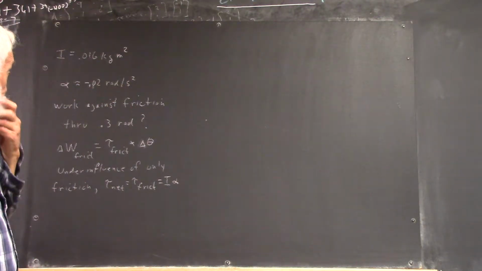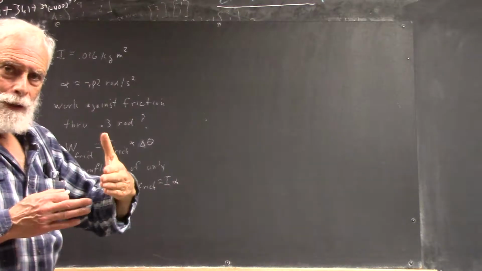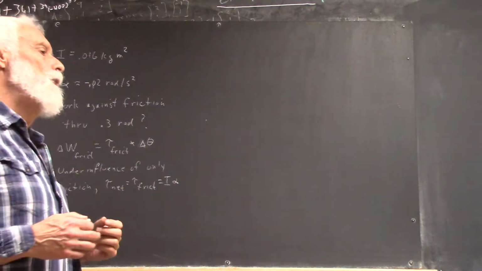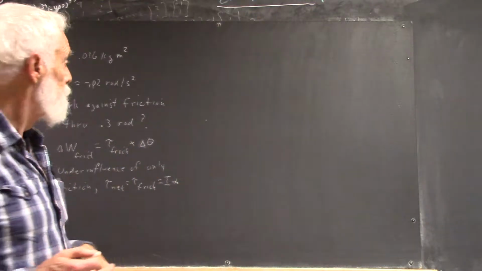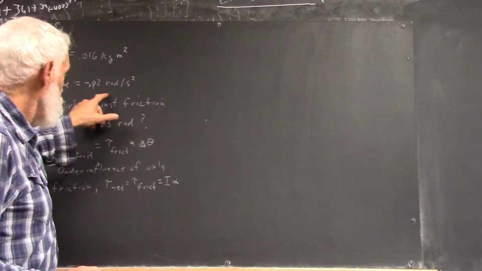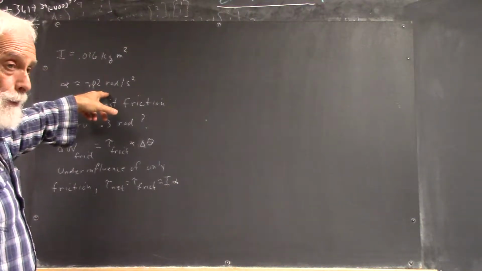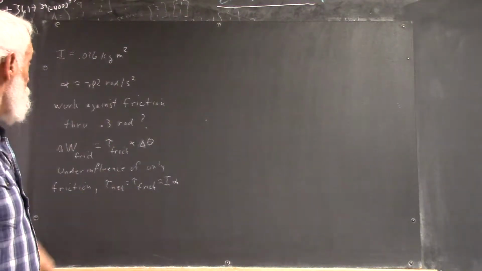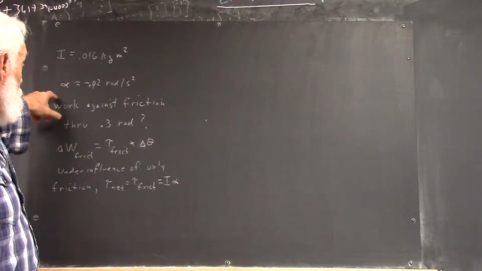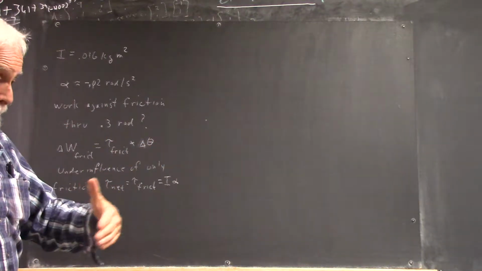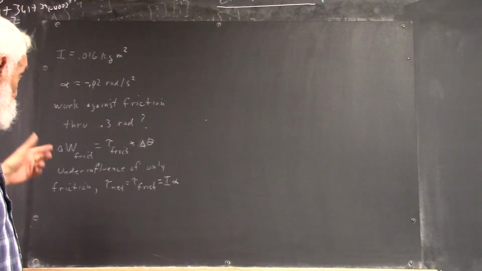So, in oscillating out to the extreme position, we lose energy to friction. And here we get what we need in order to calculate how much energy that is. How much work is done against friction through the 0.3 radians out to the maximum position?